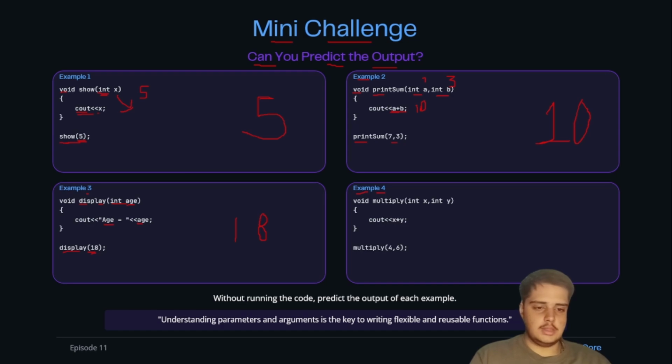So yes, this is void multiply(int x, int y), cout x into y, and in multiply, 4 and 6 is given. So 4 is given to x and 6 is given to y, and then 4 into 6 becomes 24, which is the answer of this question.